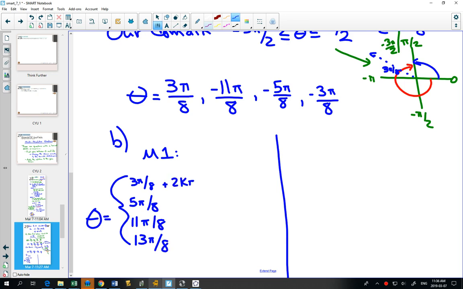Add 2k pi to each of them, where k is an integer. And we can see why people like method 1 if they've already solved it between 0 and 2 pi. You can just add 2k pi to each of those answers and you're done.